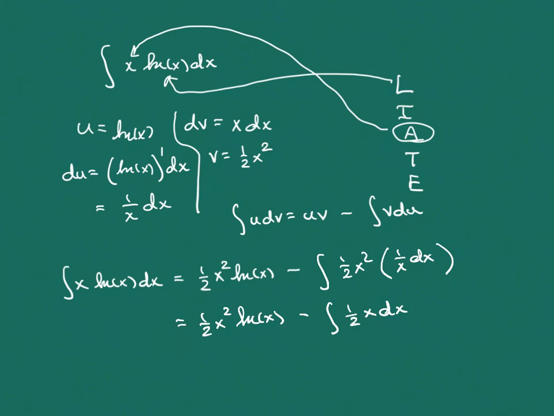And sure enough, I think that this is probably the right choice because I look at this second integral, and yes, that thing is easier to integrate than what I started with of my x natural log of x. So here I have my integral of x natural log of x dx equal to my 1/2 x squared times natural log of x minus my integral of 1/2 x dx.